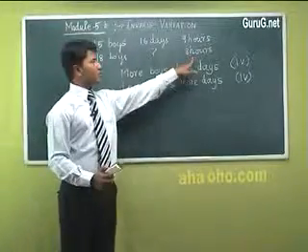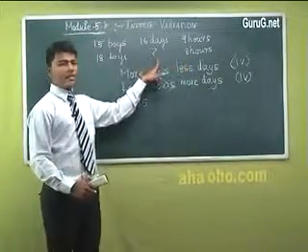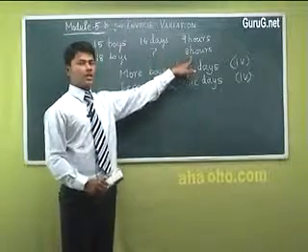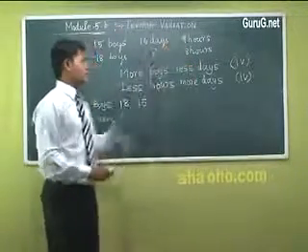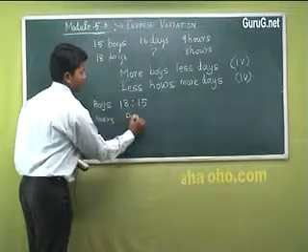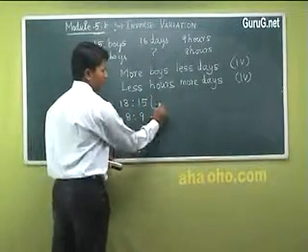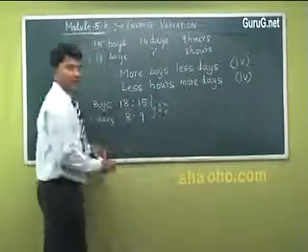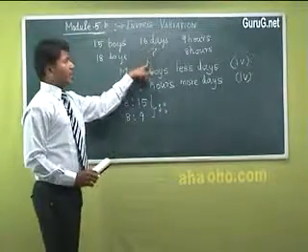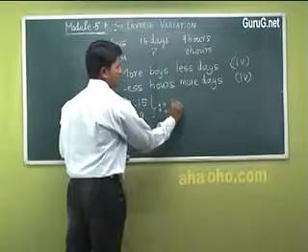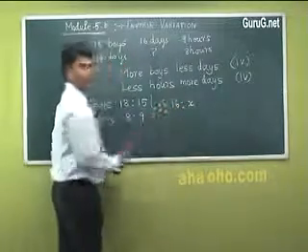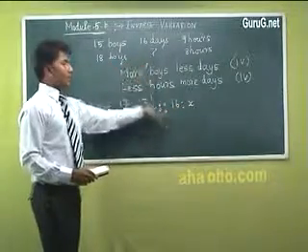Compare hours with the required quantity days. These two are in inverse variation. So take in inverse form, 8:9. These two are in proportion with, take the unknown quantity as it is. So 16:x.